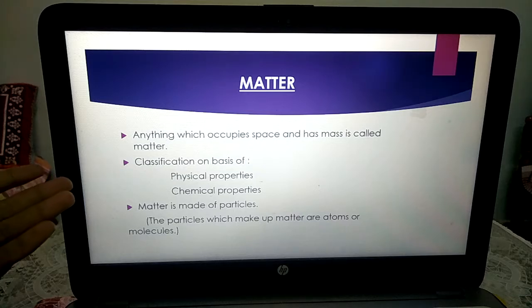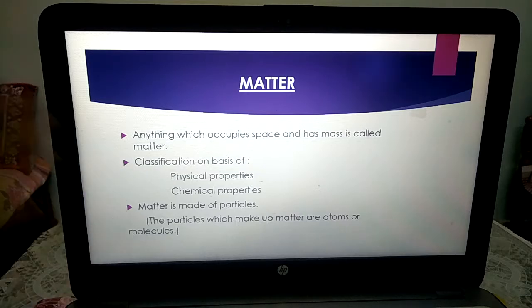Now, classification of matter is done on the basis of physical properties and chemical properties. Matter is made of tiny particles, which we call कण. These particles are such small things that they are not visible to the naked eye, and we cannot observe them even under a high resolution microscope.